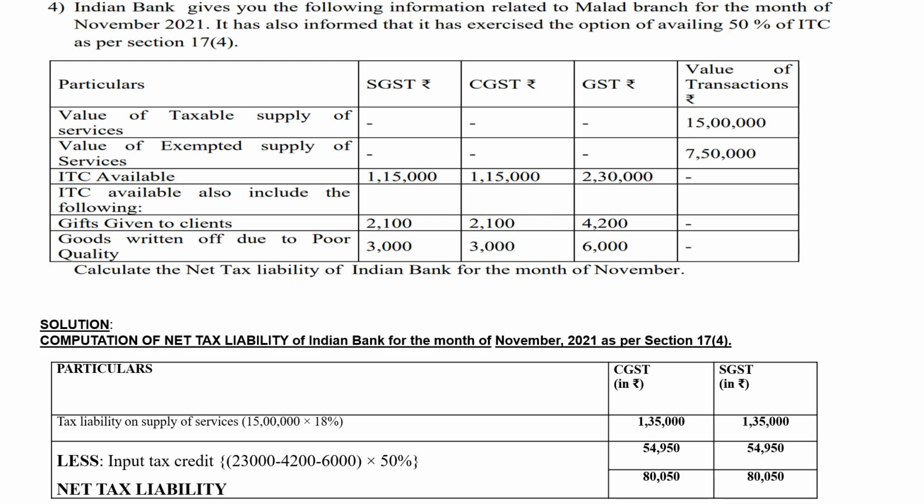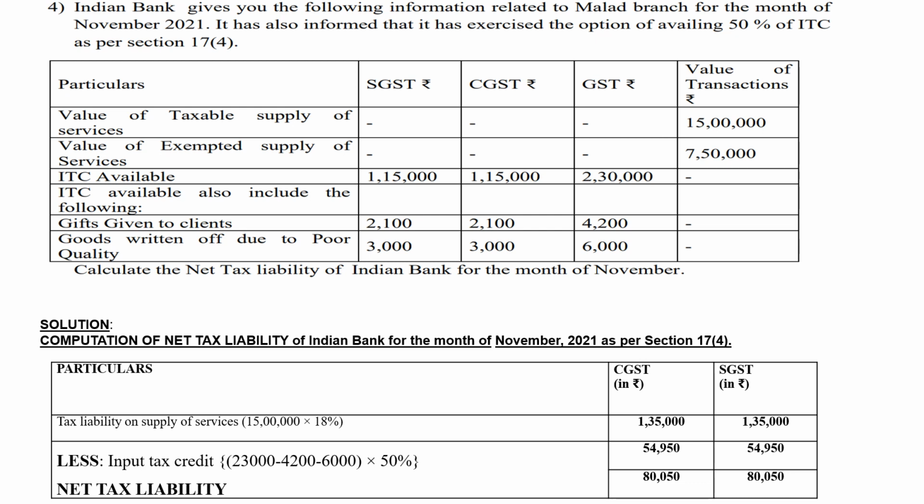It's very easy actually. You just have to take the taxable supply and take 18% of it. The value of exempted supply of service you are not going to include. Then ITC available is 2,30,000. It includes the gift given to clients, and it also includes goods written off due to poor quality, so you have to minus it.